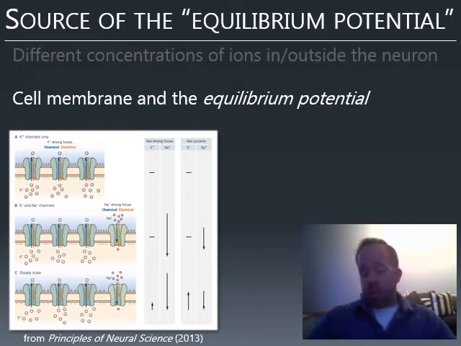If potassium were negatively charged, well, everything about the environment would make sodium want to go in. There's not much of it inside, and it's got this negative ion pulling it in. But potassium is positively charged. So sodium wants to go in because there's relatively little of it, but it doesn't want to go in because there's already so much positive charge inside the neuron. So that's what we mean by an equilibrium.